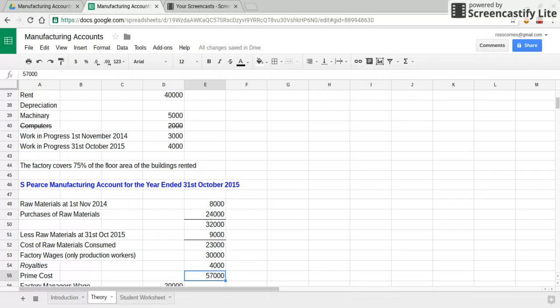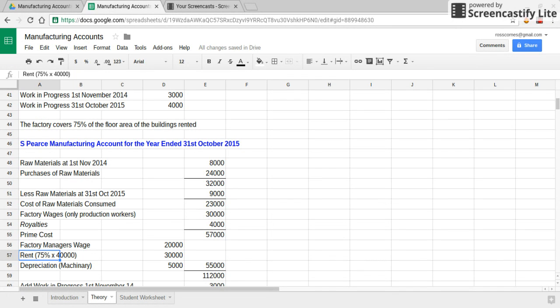For the rent, because you're told that 75% of the area belongs to the factory, we would do the 40,000, which is the total amount of rent, and we multiply that by 75%. So we've got 30,000 of rent, and we've got the depreciation on the machinery. So the total expenses are 55,000.